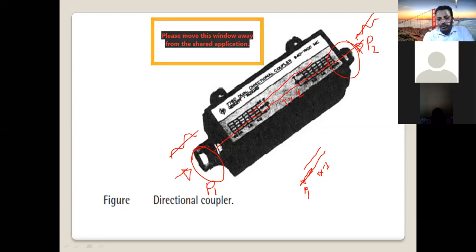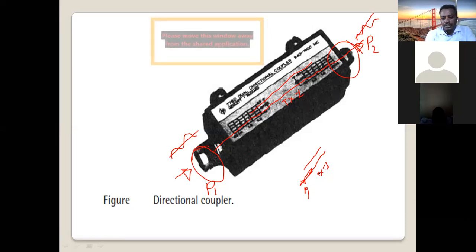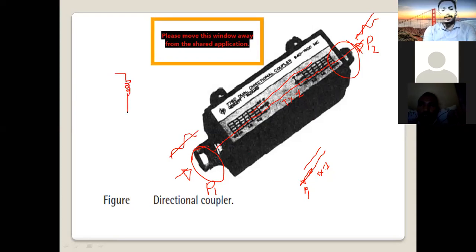Because these two cables are very close to each other, if you apply a signal, a small part of the signal will be transferred from TX1 to TX2, right? As you know, in a transformer we have a primary winding and we have what?